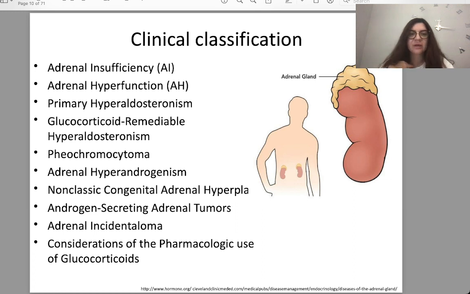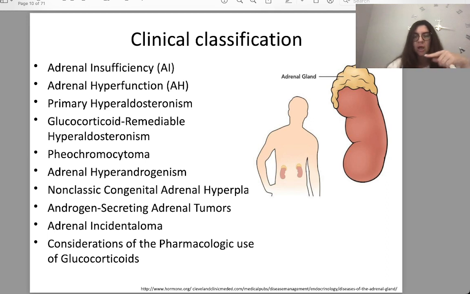It can be isolated primary hyperaldosteronism. It can be glucocorticoid remediable hyperaldosteronism. It can be pheochromocytoma. You remember it is a tumor from the medullary cells. It can be adrenal hyperandrogenism.